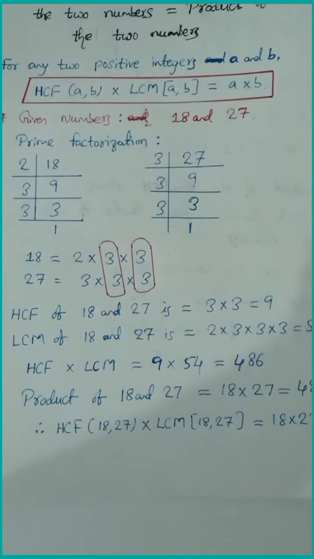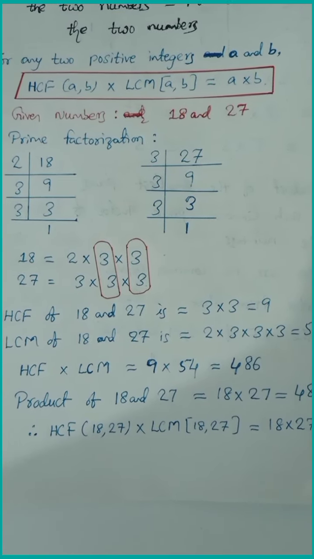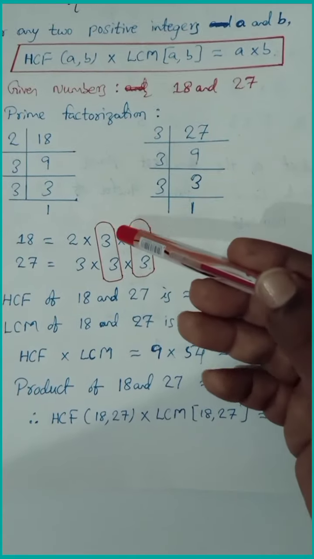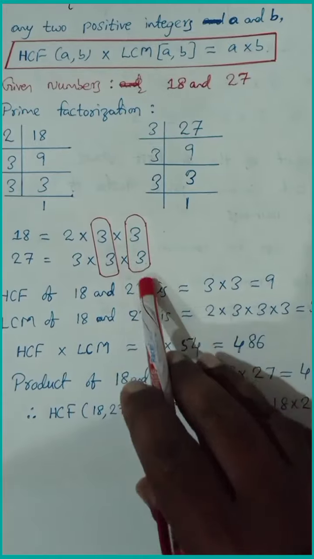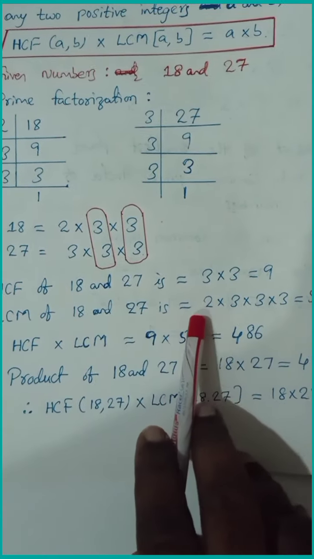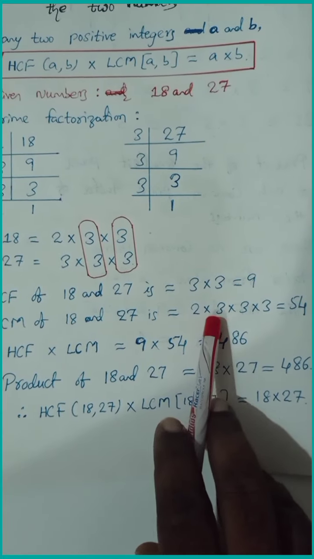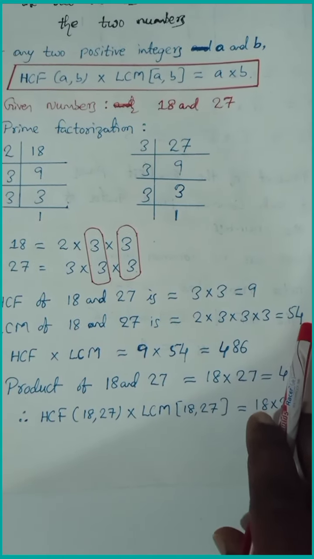Then the LCM of 18 and 27: we already know the common numbers are 3 and 3, then the remaining numbers are 2 into 3. So finally 2 into 3 into 3 into 3 gives 54.